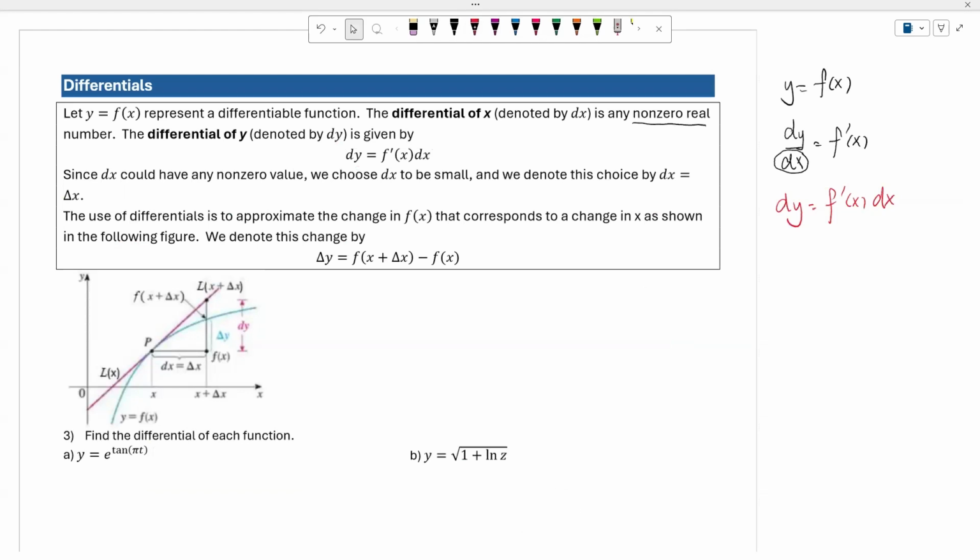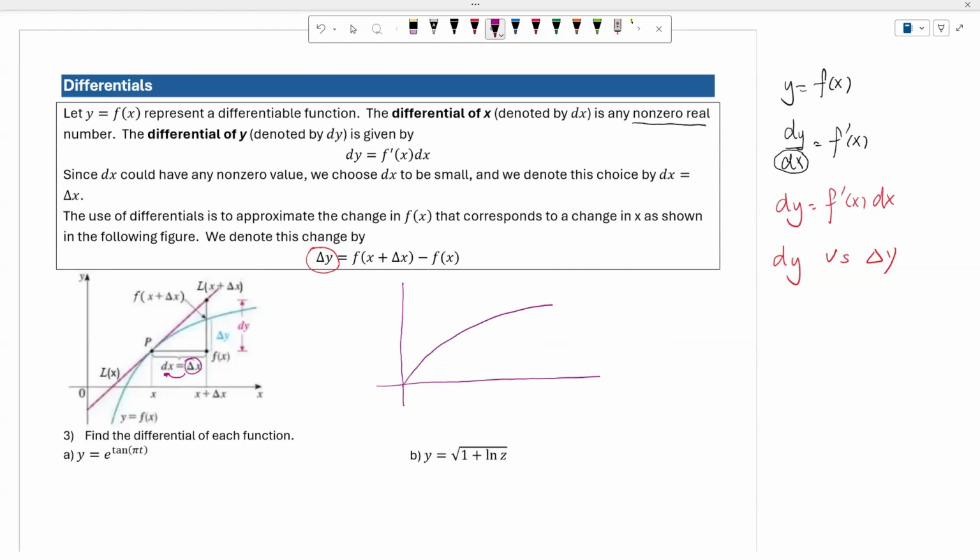Now let us look at the difference between dy and delta y. Looking at the diagram, the difference between x and x plus delta x is delta x, which we denote by dx.